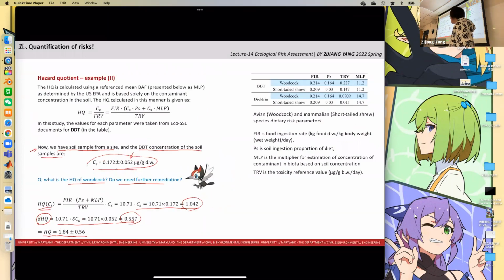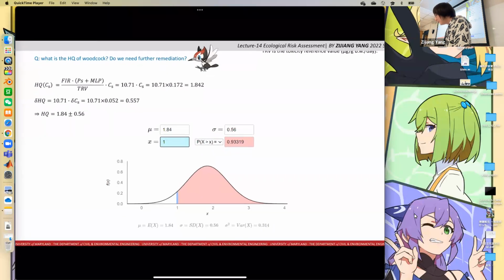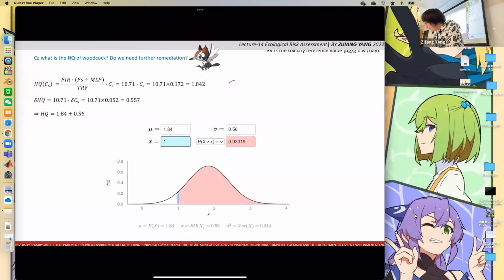But here I want to show another approach to calculate the probability of this comparison. In this case, we are interested in the probability that HQ is greater than 1. So we want to know this probability. HQ can be expressed with the mean and the standard deviation.